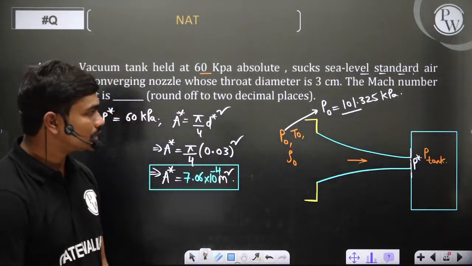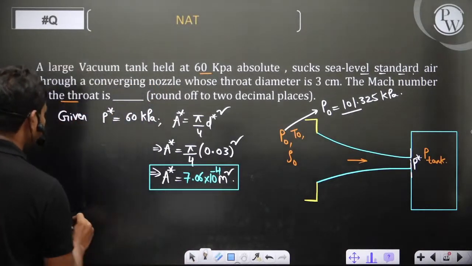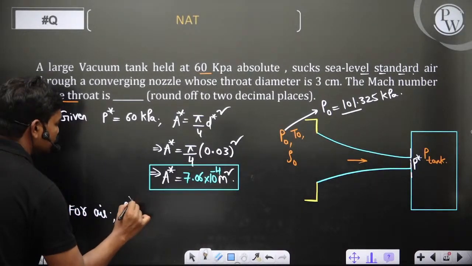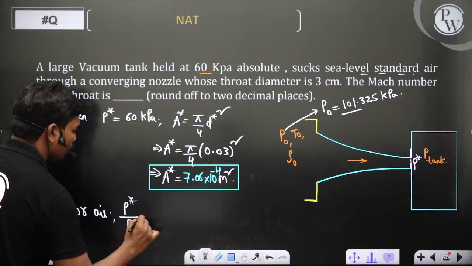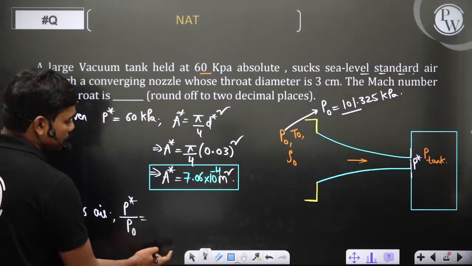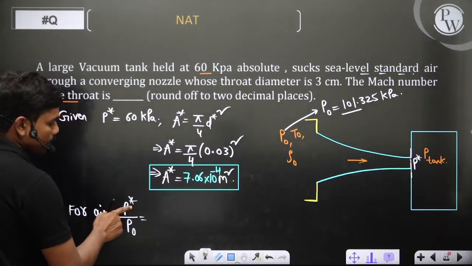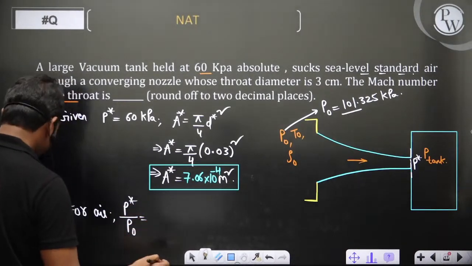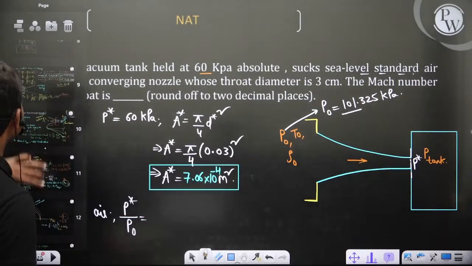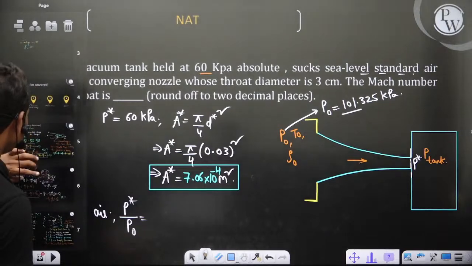Okay, so if this is P0, then we know P star by P0 for air. P star by P0 is equal to how much? The P star by P0 value for air we have calculated somewhere today, which is 0.528.